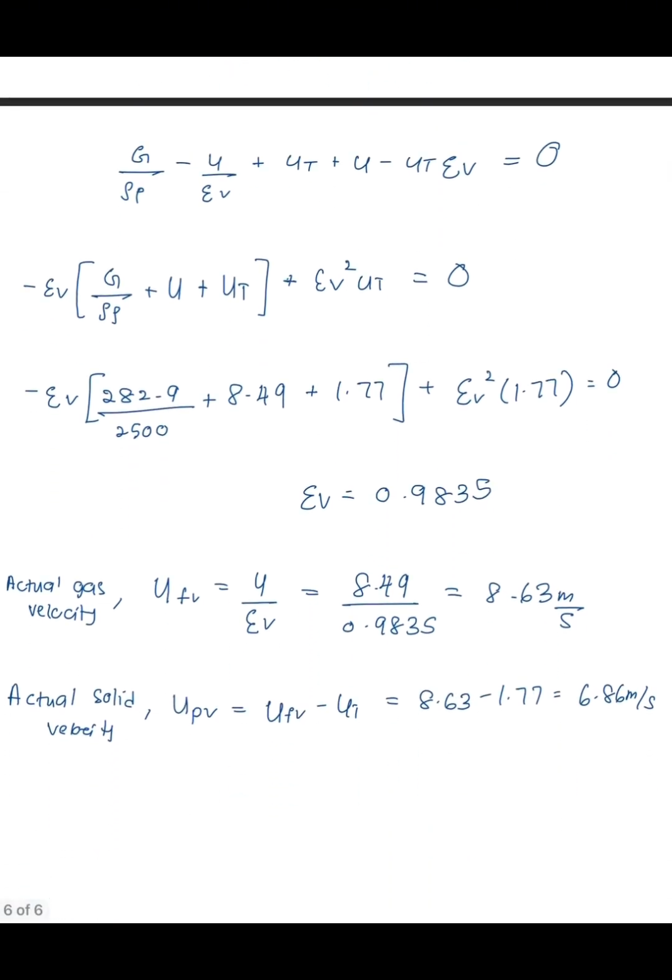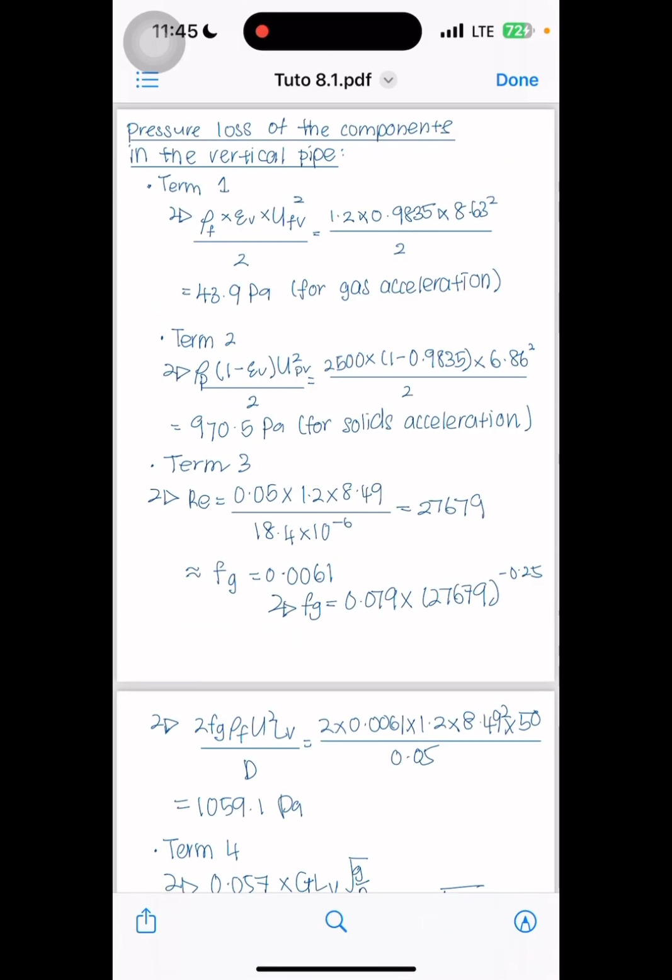With this, we can continue to calculate the actual gas velocity and also the actual solid velocity, which is 6.86 meters per second.